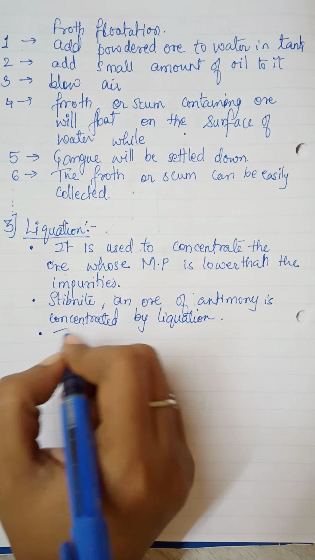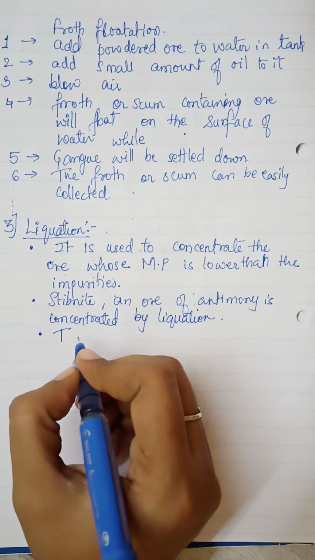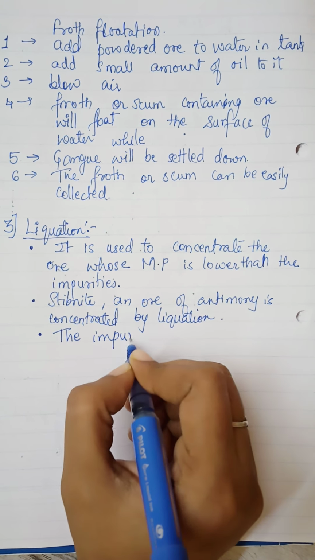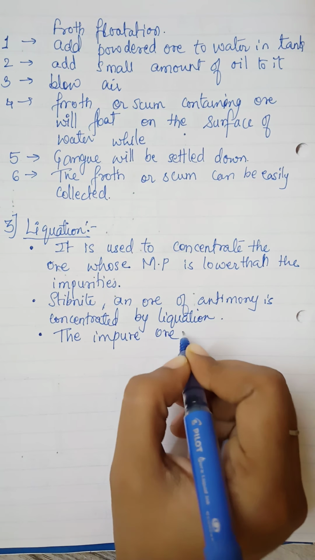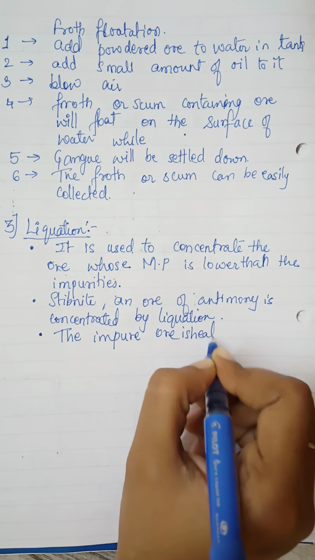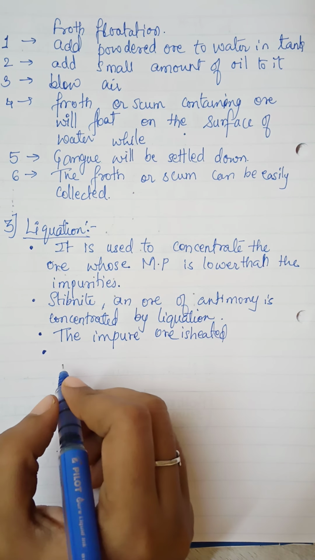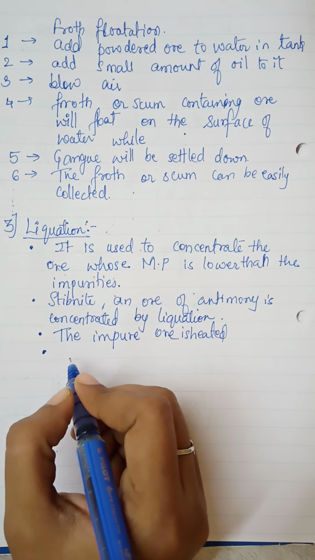Then we also have to remember how it is done. Basically, the impure ore is heated, and due to heating the ore will melt and flow on the surface.